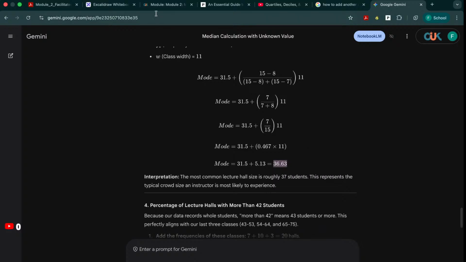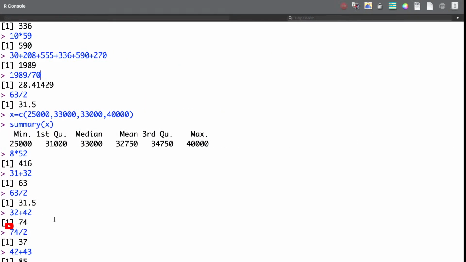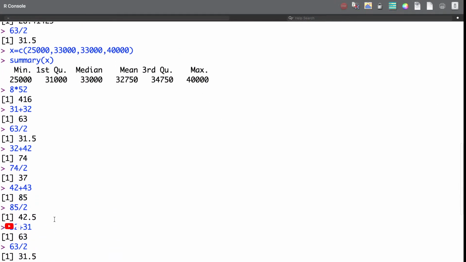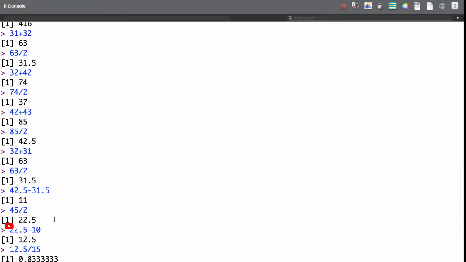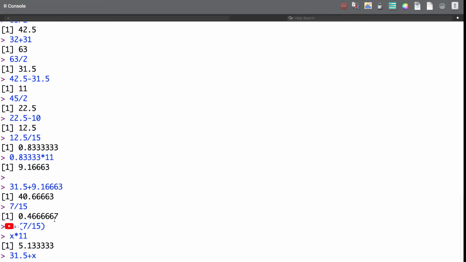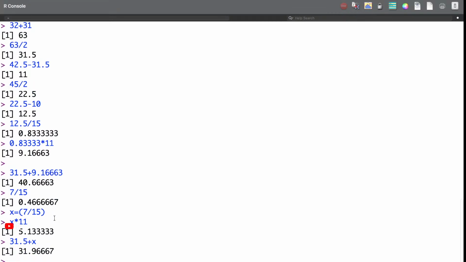Mode. My arithmetic is very wrong. So this is our median.